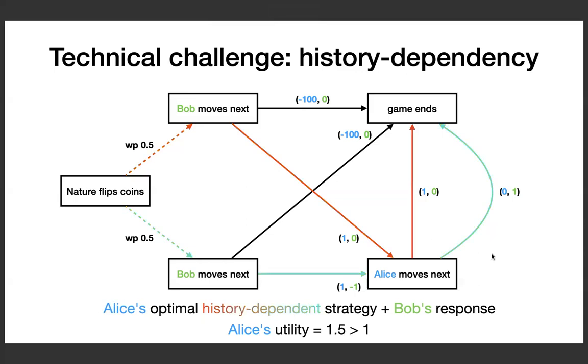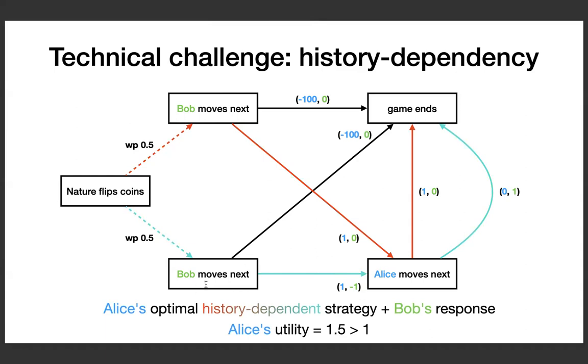Now, instead, if we allow history dependency, then Alice can do something much more clever. What Alice can do is pick the red action if Bob came from the top state here, and pick the bluish action if Bob came from the state in the bottom.